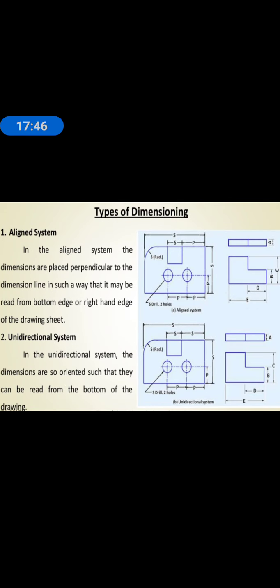Then the types of dimensioning. Basically we can consider only two types. The first one is the aligned system, the second one is unidirectional.